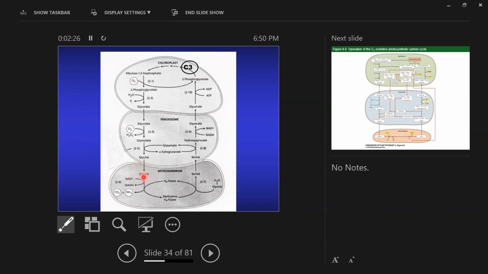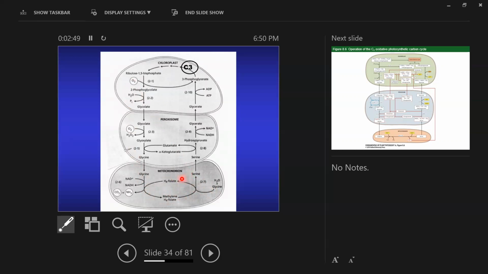Here's one of the glycines on the left, and then they're showing off on the right the other glycine. So those 2 glycines are coming from that left part of the pathway running twice to get 2 glycines down in the mitochondria. And that's just so that you can have enough carbon to create this little reaction here to give you serine. The serine's 3 carbons, okay?